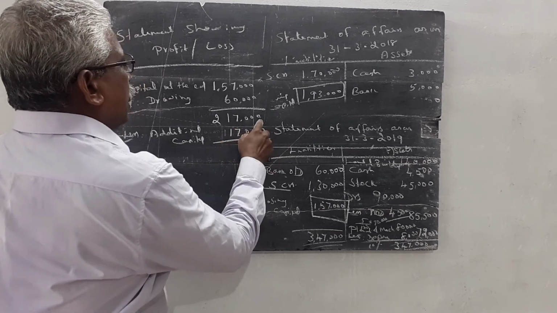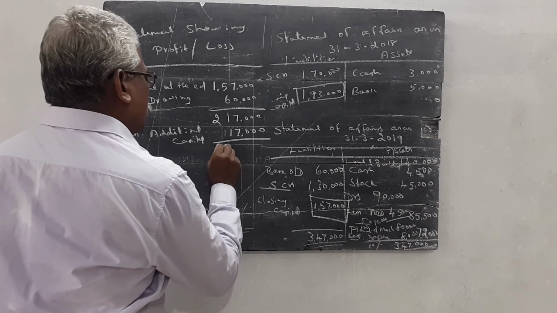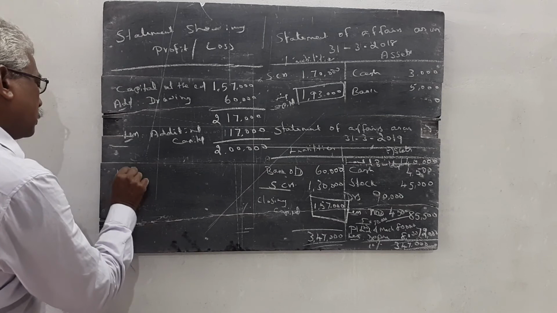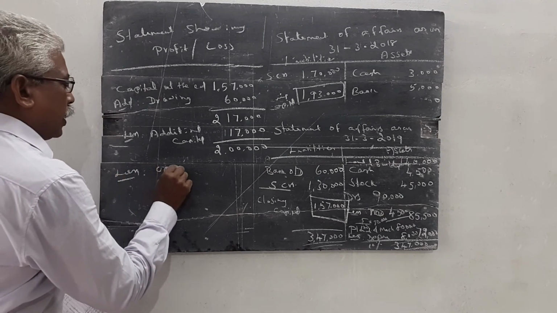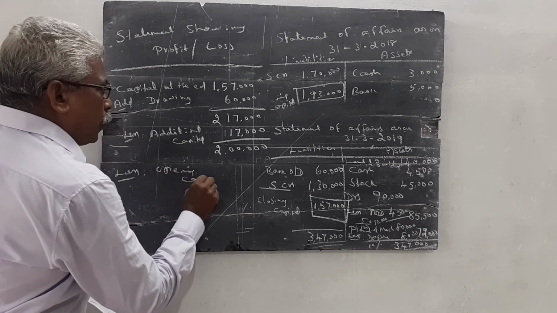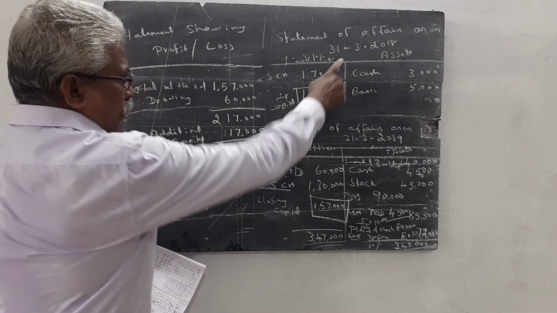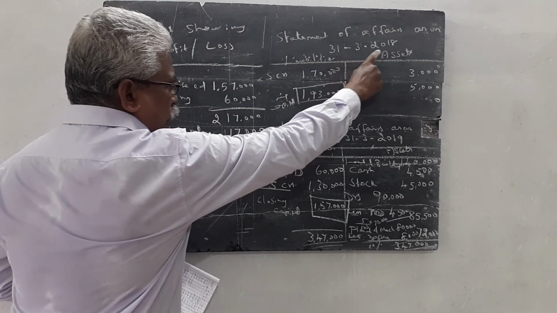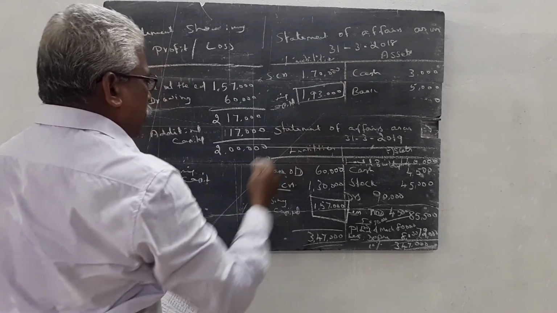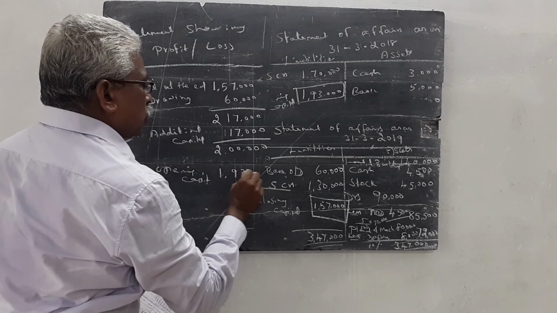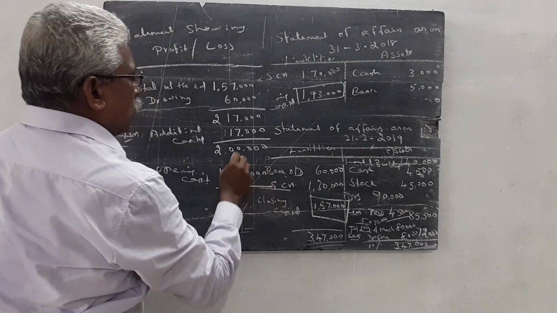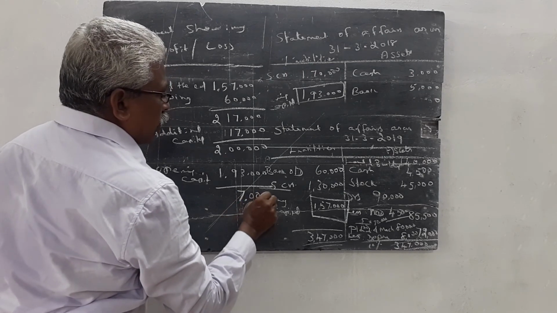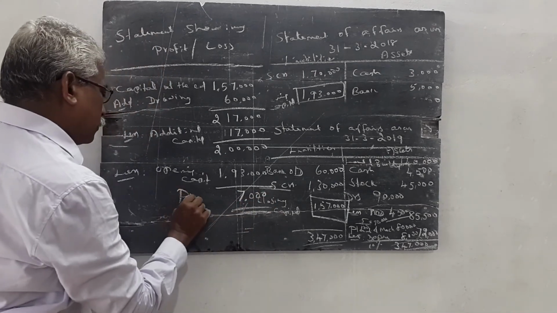So 2,17,000 minus 17,000 is equal to 2 lakh. Less opening capital, which we already calculated with the help of statement of affairs as on 31/3/2018. Opening capital is 1,93,000. So 2 lakh minus 1,93,000 is equal to 7,000 rupees profit.